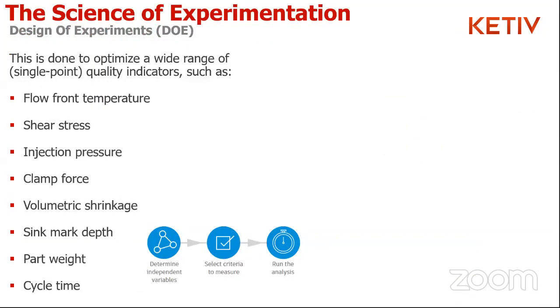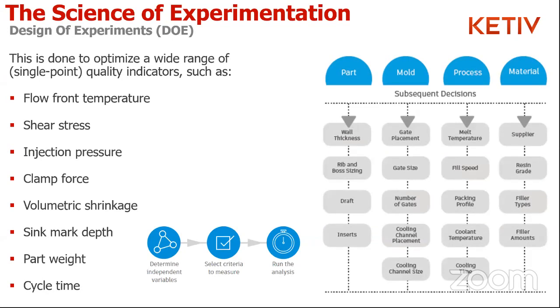Now, if you joined us for the previous sessions, you might have seen this slide before. Basically, we're going to identify the independent variables in any process, select what criteria we want to measure, and then run the design of experiments study. The decisions we can make at the end of that, based on the part, will be things like wall thickness and drafts.